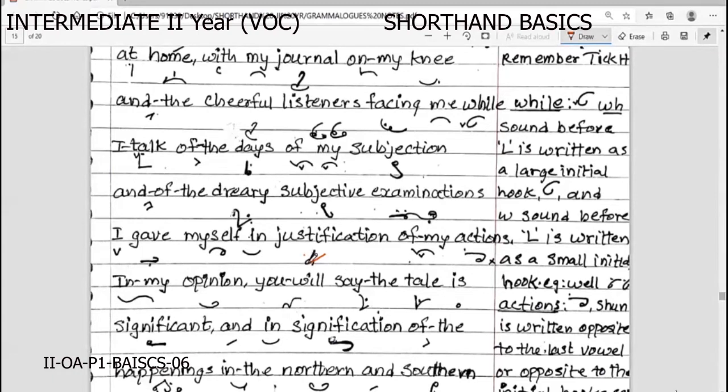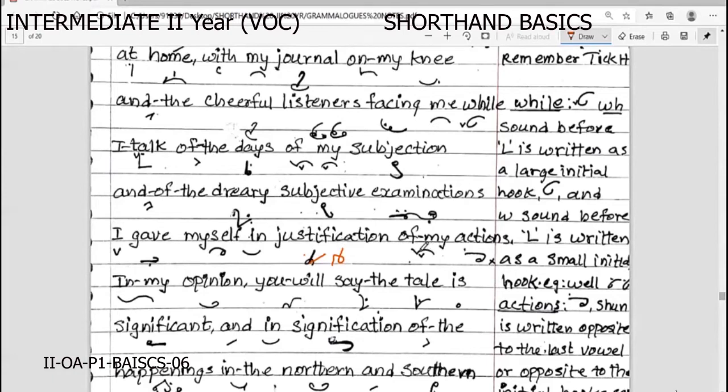I have written on the side of L. It should actually be like this. Okay? I have written this wrong just to show you how much difference it makes if you turn the circle to this side. If you write on this side, it is giving the sound of Hookien and circle S, but the word here is only justification. You're going to write only J, S and extended shun, justification. Of, it's a Grammalogue, okay?